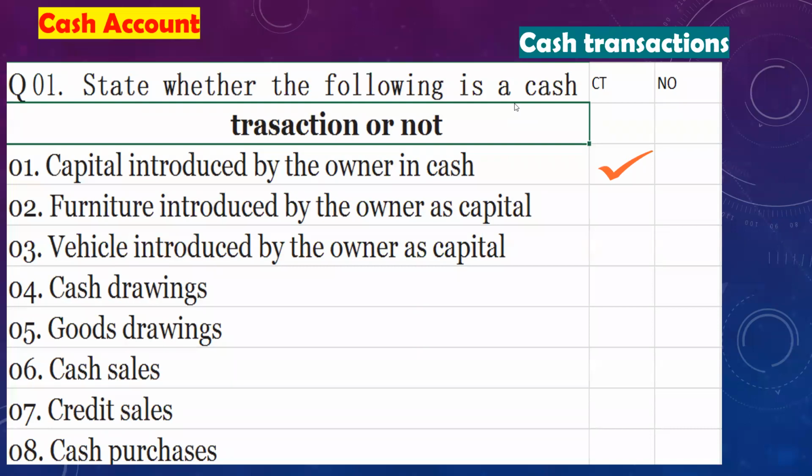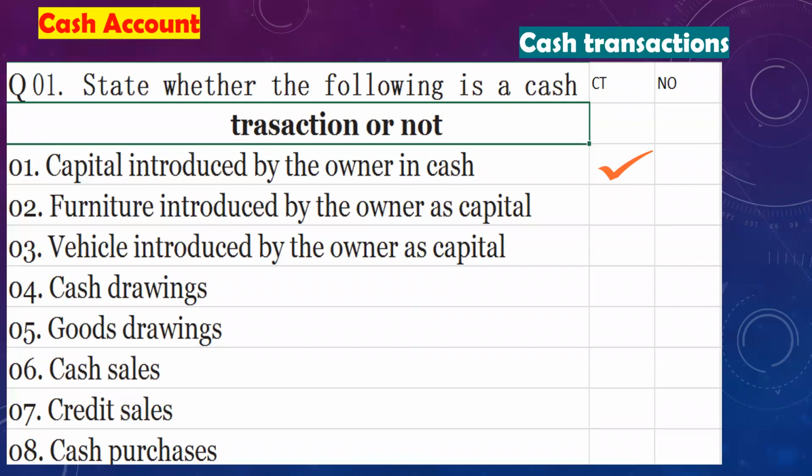My dear students, remember, owner can introduce anything as capital. He can bring money, he can bring his own vehicle, his own furniture, his own computer to business as capital. No problem. Therefore, owner can introduce furniture.